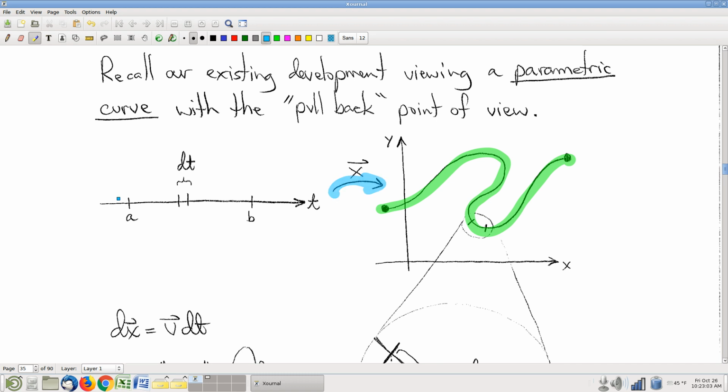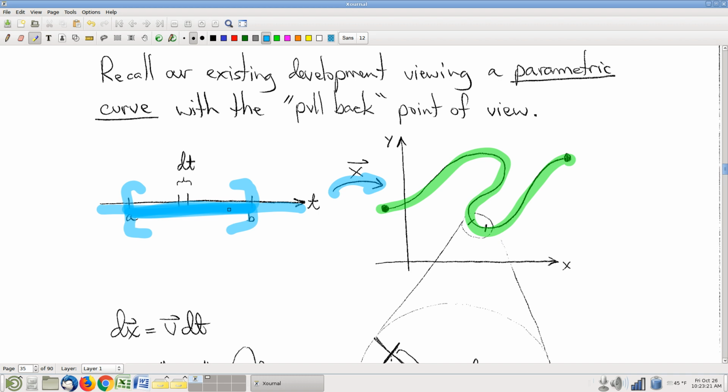You can pull it back to an interval, here on the t-axis, which is a one-dimensional region in a one-dimensional world, exactly like we like them, right?